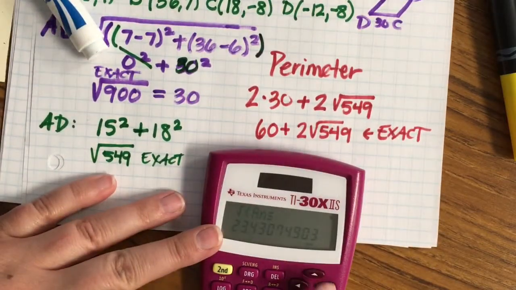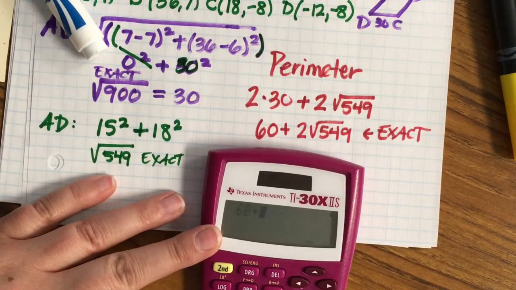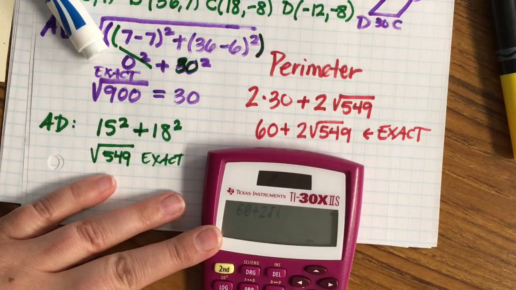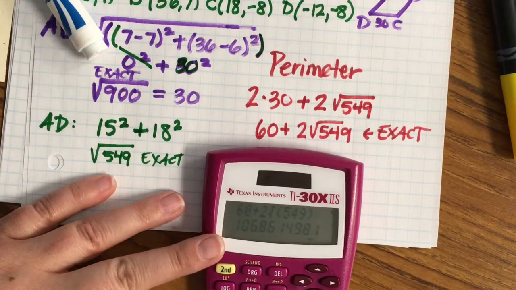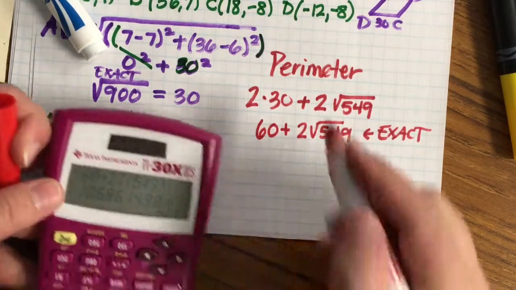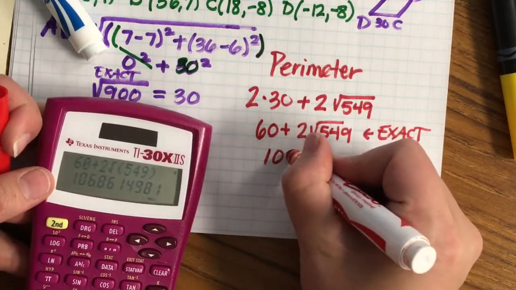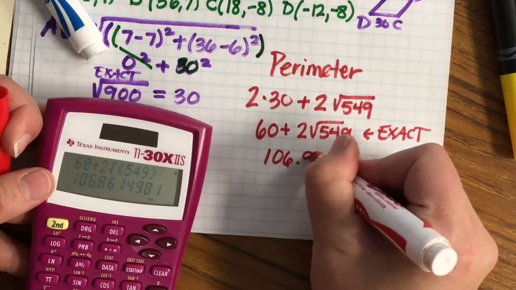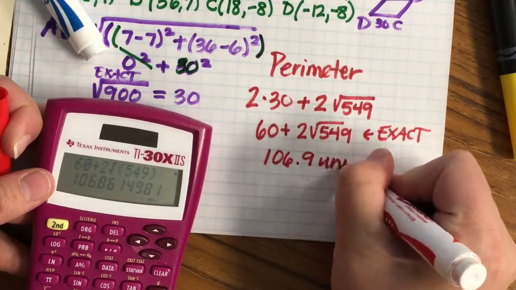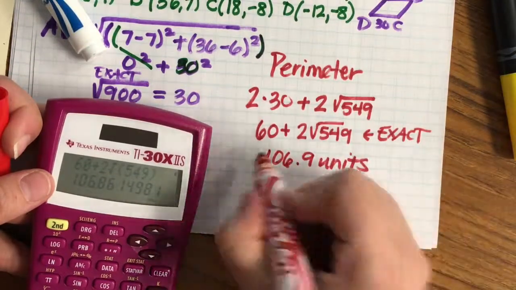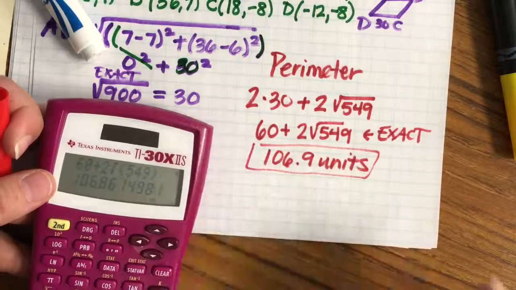This is exact. If you can do a decimal approximation, just type it in your calculator. So 60 plus 2 square roots of 549. And so the decimal approximation would be 106.9 units.